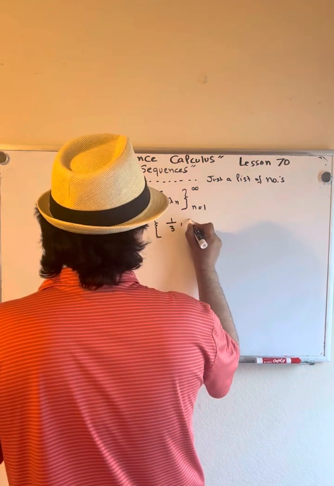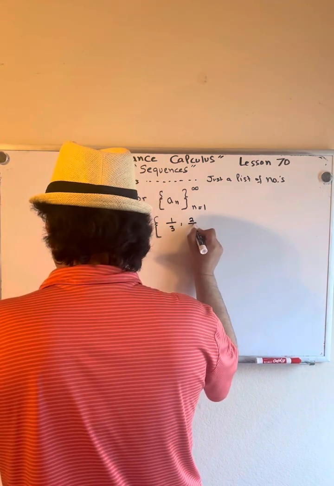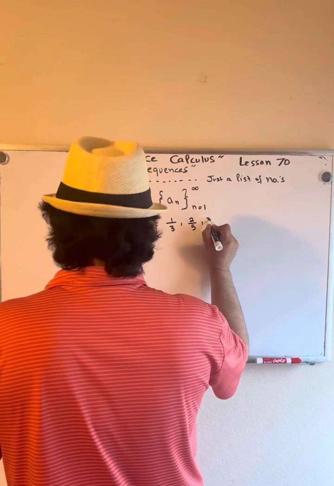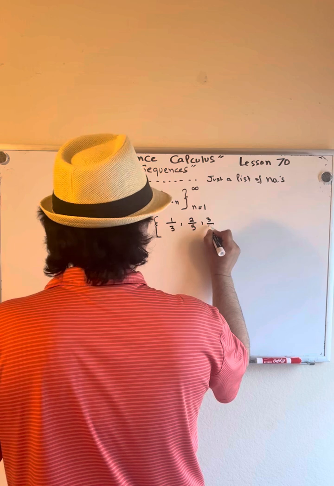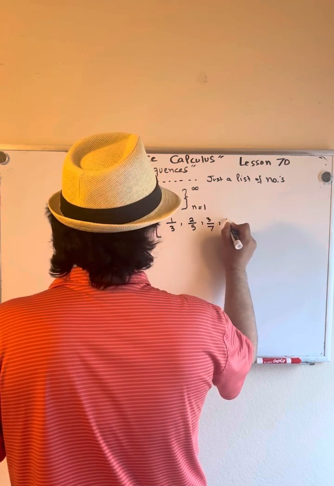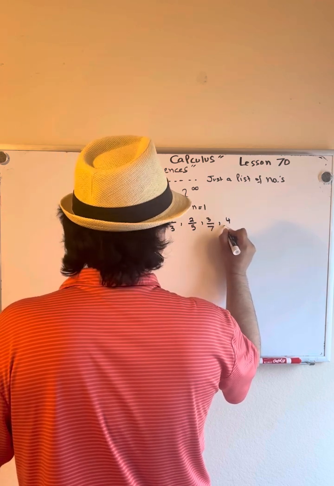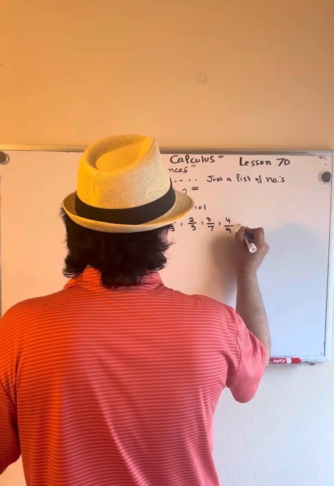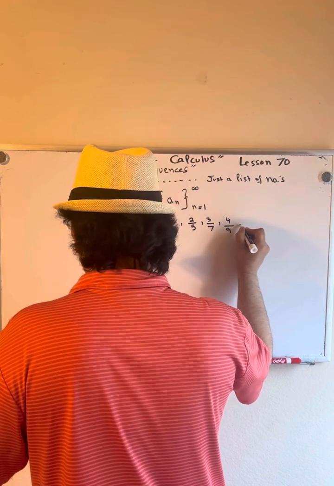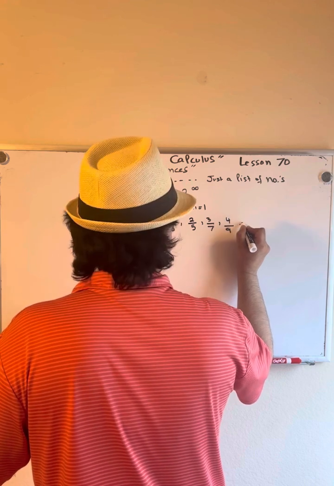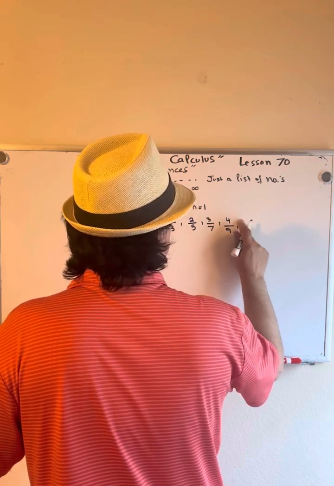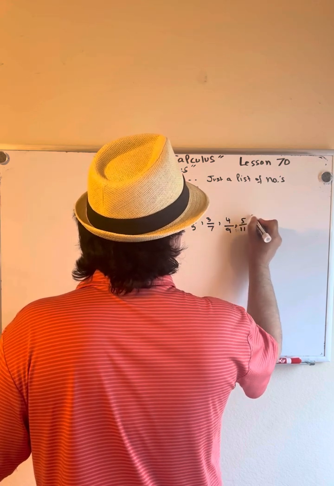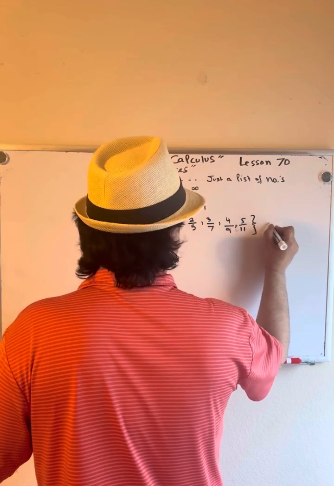When n is equal to 2, it's going to be 2 over 5. When n is equal to 3, it's going to be 3 over 7. When n is equal to 4, this is going to be 4 over 9. And when n is equal to 5, this is going to be 5 over 11. So this is your answer right here.